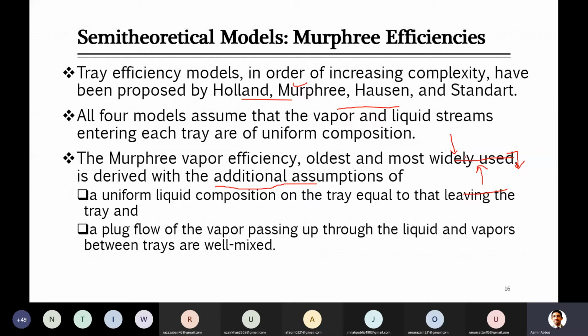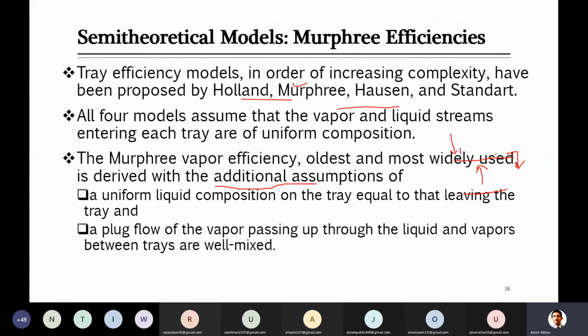Uniform for liquid means all liquid contents have the same composition when they reach this plate, as well as the vapor just reaching this plate, all vapor has the same composition. But he considered two more assumptions, and those include a uniform liquid composition on the tray that is equal to the liquid which is leaving from the tray.